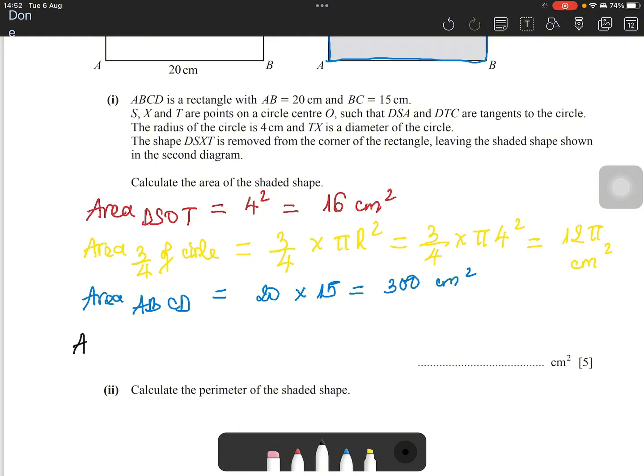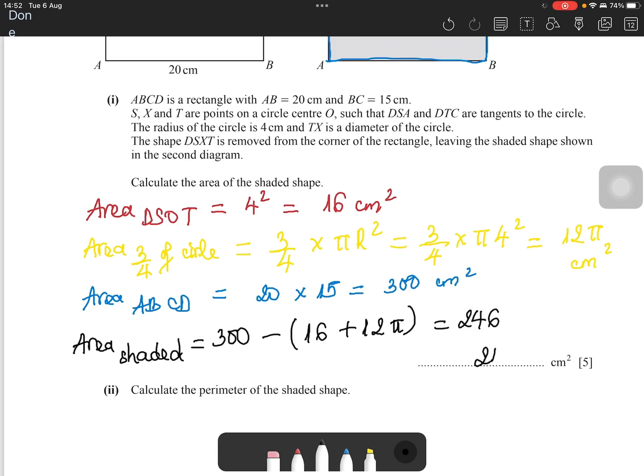So we say that the area of the shaded part is equal to 300 minus the sum of 16 and 12 pi. So the answer for this is 246 square centimeters.